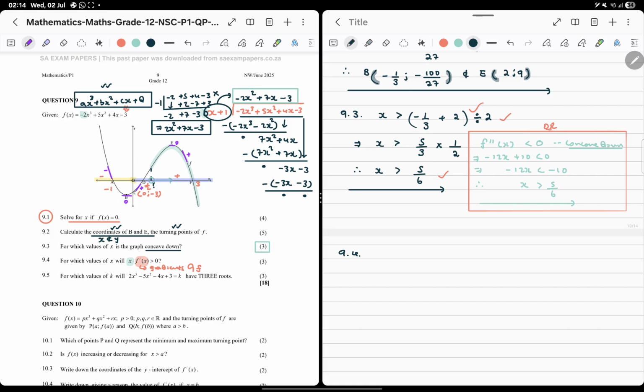Now, what do we want? We want to have this greater than 0. Can you see 0 is not included? So for this to be greater than 0, it means we need to multiply a negative and a positive, right? So we can clearly see that we need to divide this graph into segments, because we know here that we have minus a third. And we know that at this one, we had 2.